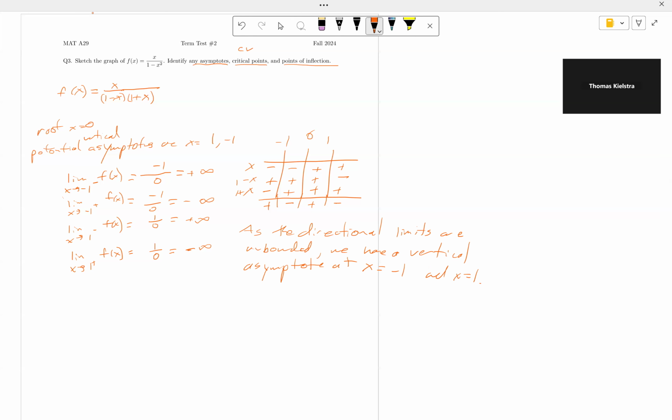Now for our horizontal asymptotes, we consider the end behaviors.